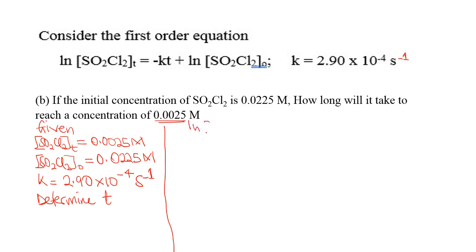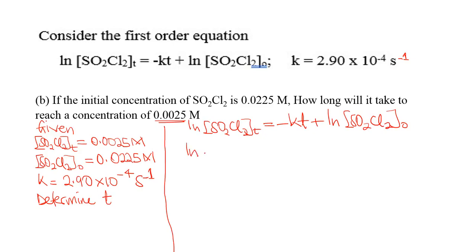Natural log of SO2Cl2 at t is equal to minus kt plus natural log of SO2Cl2 initial. Now we have all these other things.